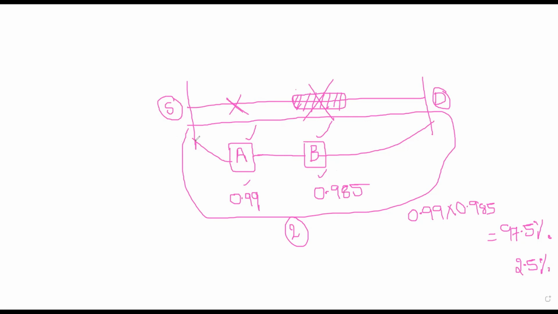The failure of component A is only 1%, and the failure of component B is 1.5% only. But what is the failure of the entire system or entire path? It is 2.5 times, because today it failed, tomorrow it failed.